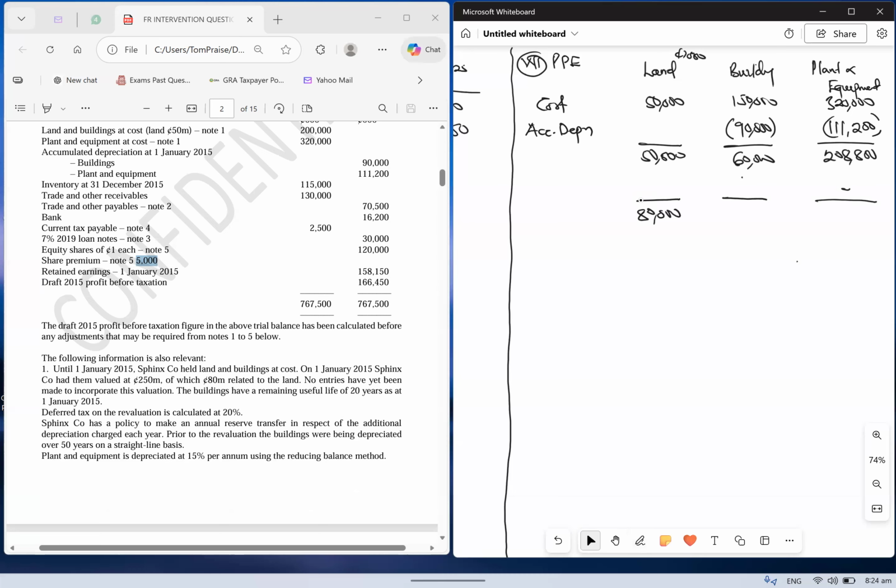And the revaluation was done at the beginning of the year, so it means it was done before depreciation. So the other amount will be how much? 170. And so that makes the 250. So revaluation surplus here was 30,000. And this one will be 110,000.